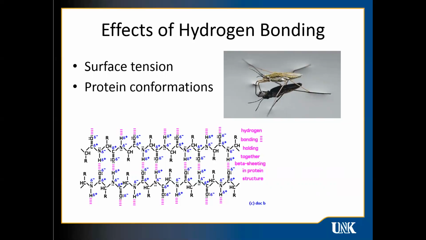certain bugs do not. Certain bugs and insects can appear to walk on water, and they're being supported by that surface tension. Protein conformations depend very much on the amount of water present, because that governs whether hydrogen bonding creates beta sheets or alpha helices.